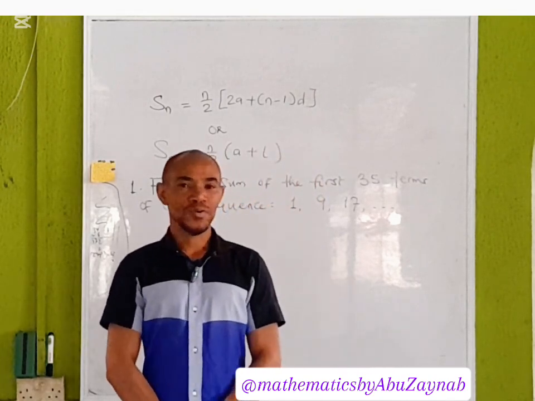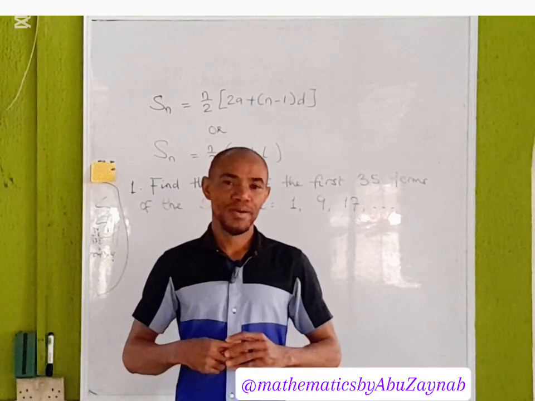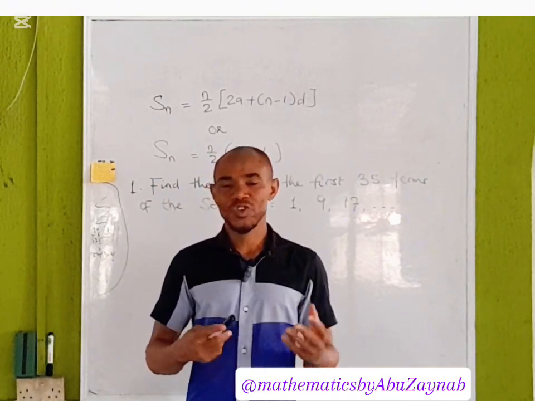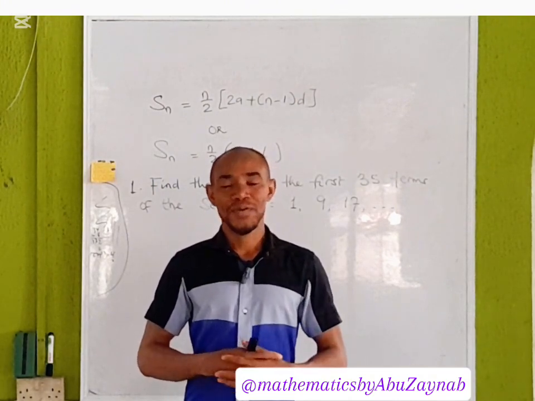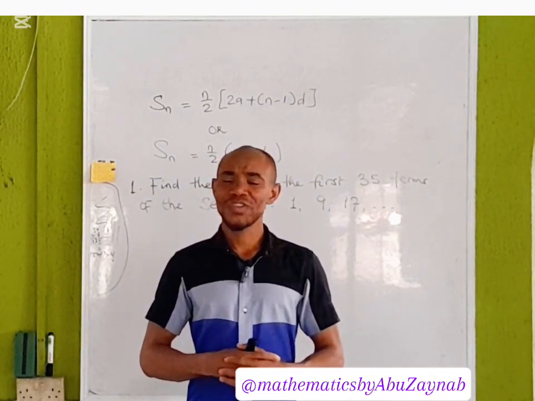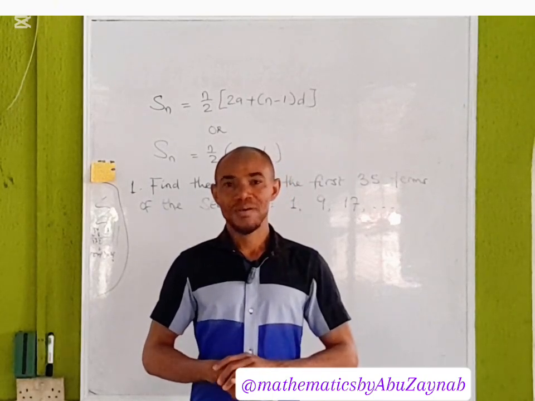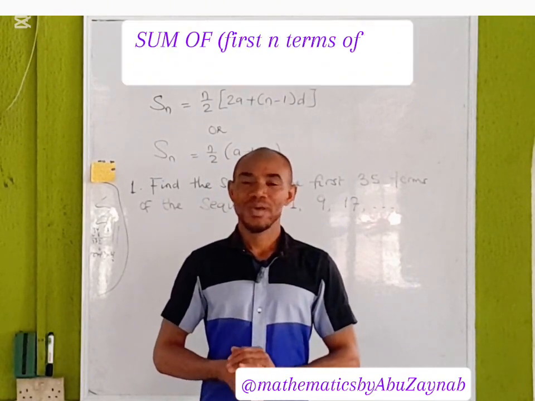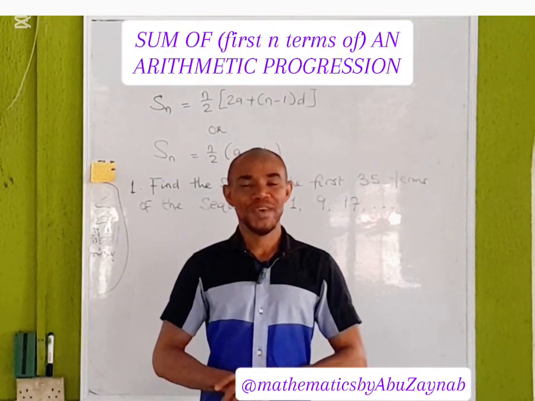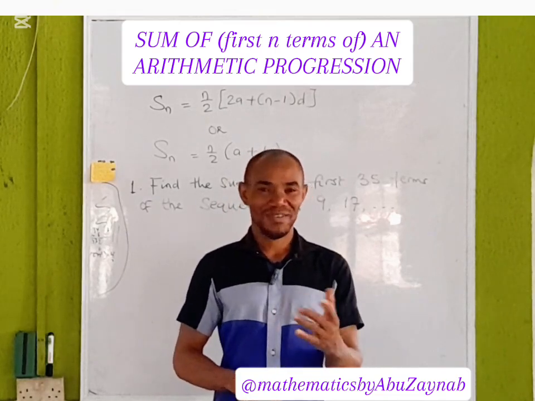The last few videos have been focusing particularly on the AP, and we have looked at questions on the application of the formulas for the nth term of an AP. We take it a notch higher by concluding today on AP via looking at the sum of the first n terms of an AP.